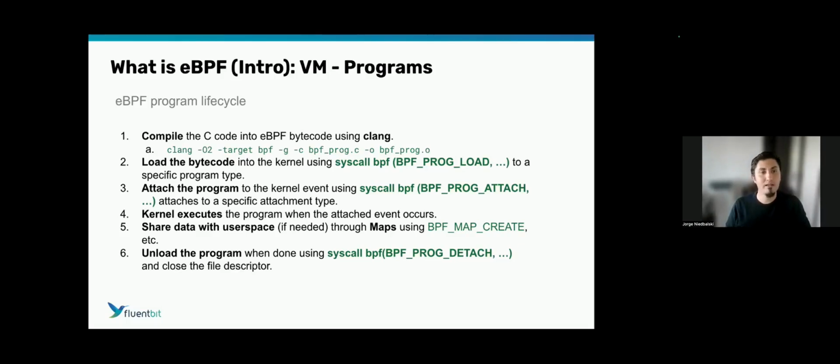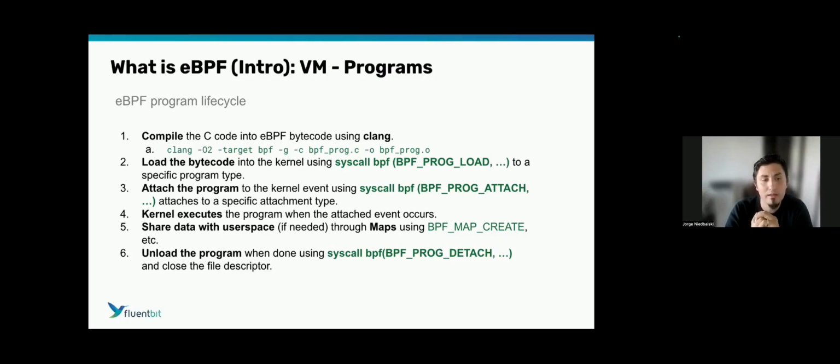So I just explained the eBPF program lifecycle, which is pretty much these 6 steps. First of all, compile the code into eBPF code. Then you can load that bytecode from userland using a system call. Depending on the program type, it will have access to different helpers and functionality. Then that has to be attached. So you need to say, okay, this program is attached to this specific set of events in the kernel.